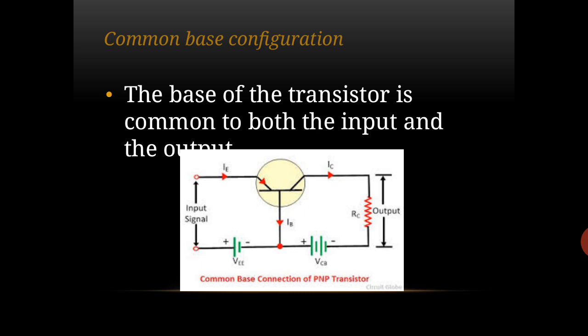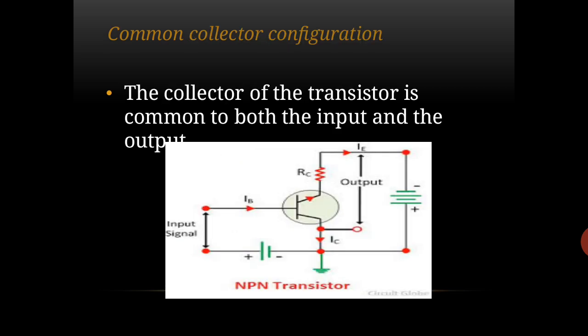Now in this way we can see the common collector configuration. As you can see in this diagram, the collector of the transistor is common to both the input and output.